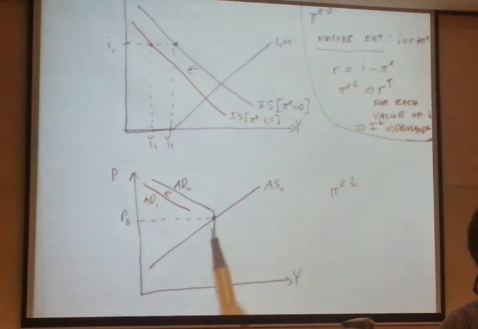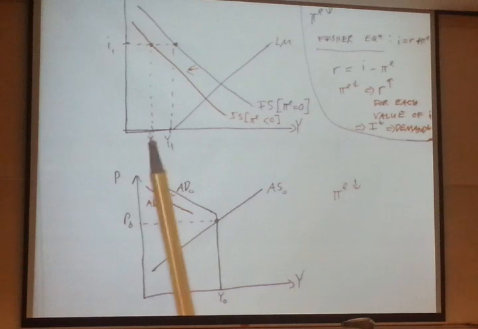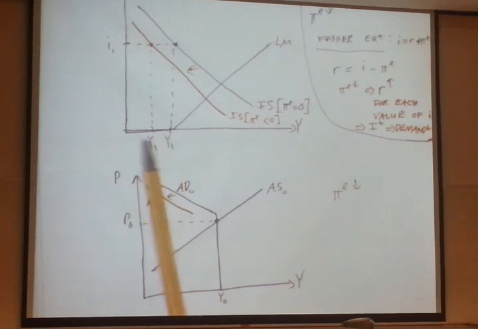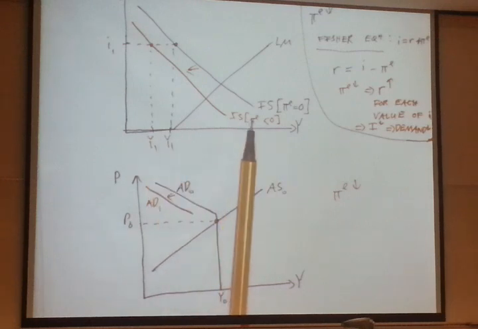Now, what about the vertical segment? Does that get shifted to the left? You need to have a look above. Suppose we got onto the horizontal section of LM. Would expectations of deflation still reduce demand?